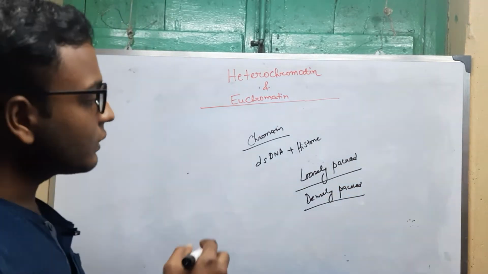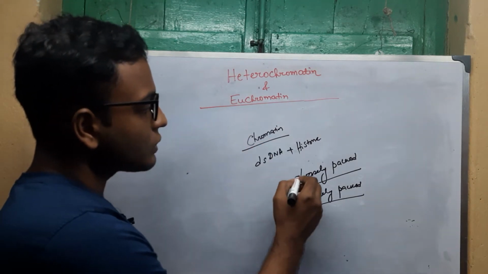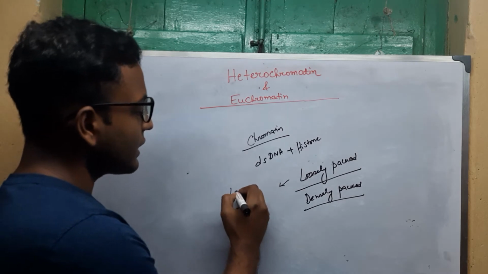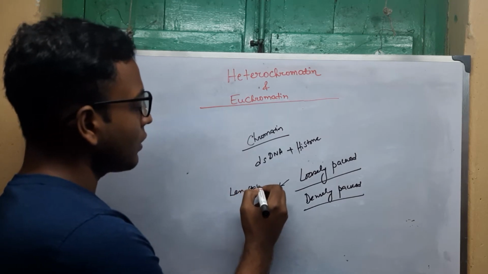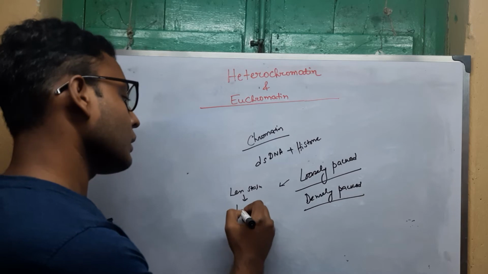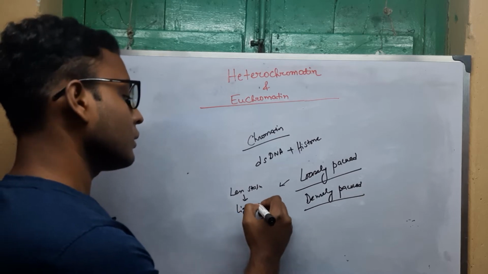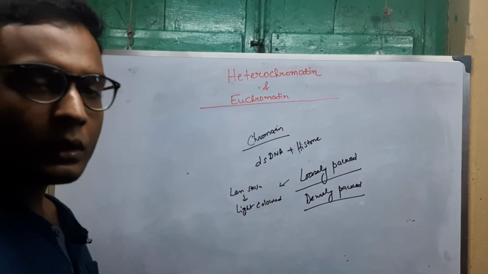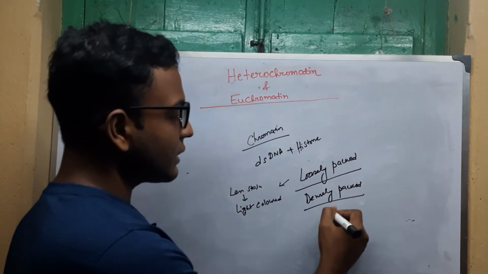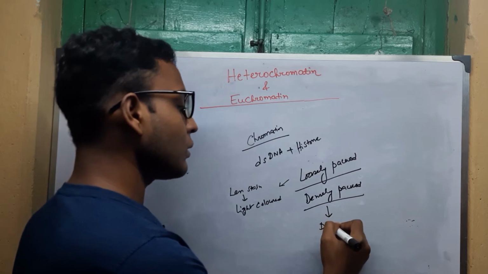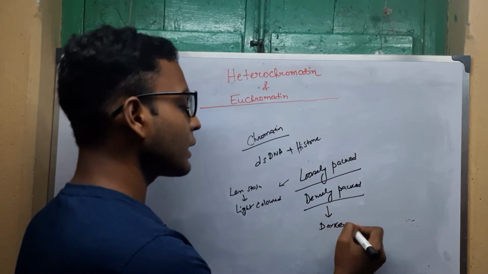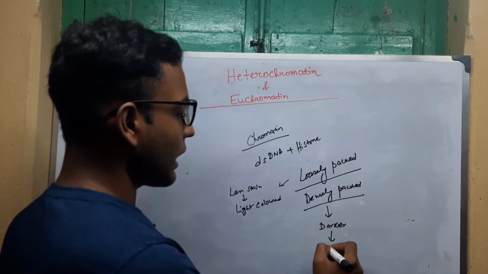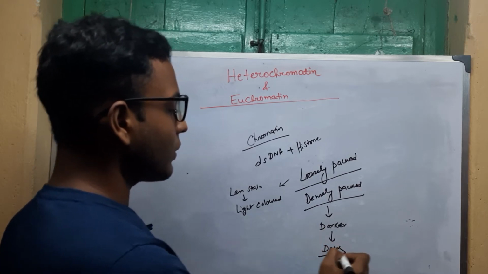Regions where the chromatin is loosely packed, if we stain the structure, would take less stain and appear as a light colored structure, and when we stain the densely packed region, it would take a darker shade and appear dark.